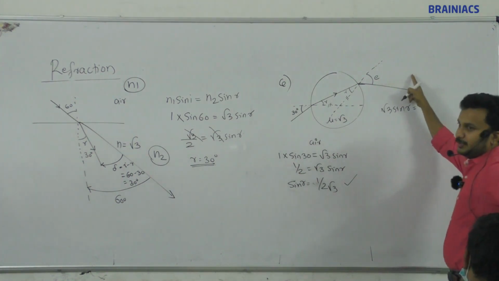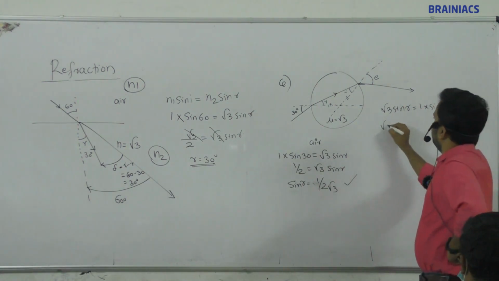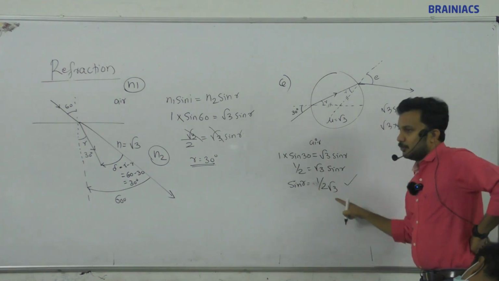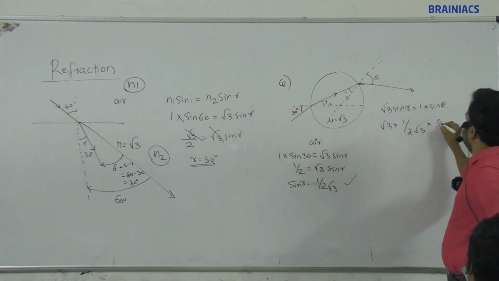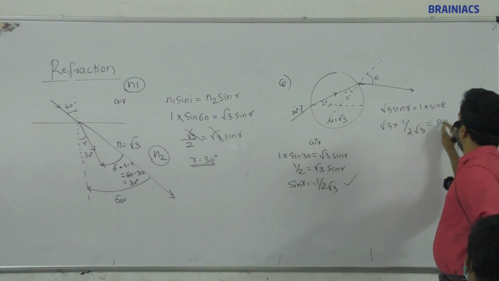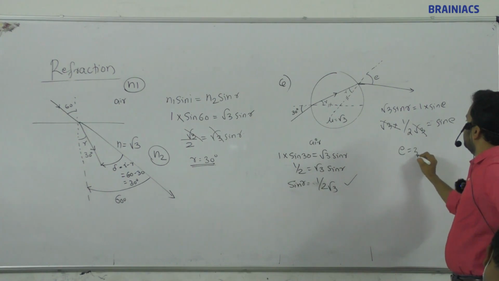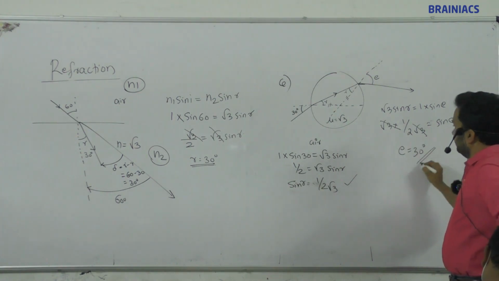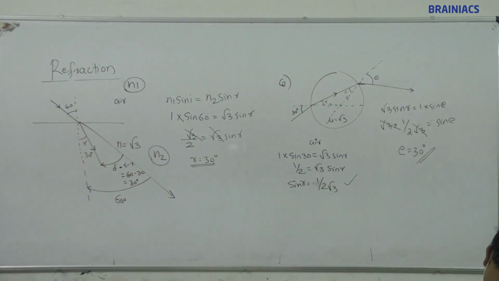Now n equals n2, n2 is air. 1 into sine of e equals root 3 into sine r. Already I got 1 by 2 root 3, so root 3 into sine r is equal to sine e. Root 3 cancels. Angle of emergence is equal to 30 degree, equal because of the isosceles triangle.